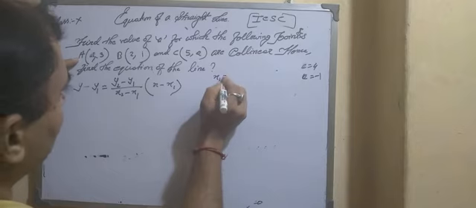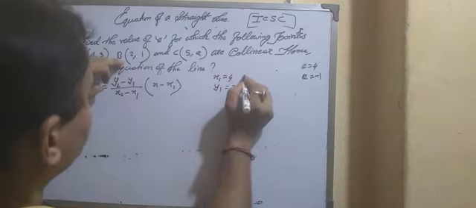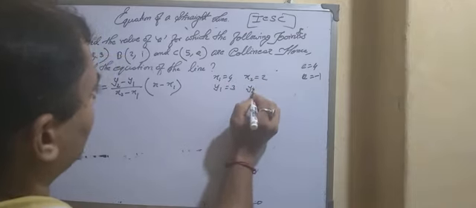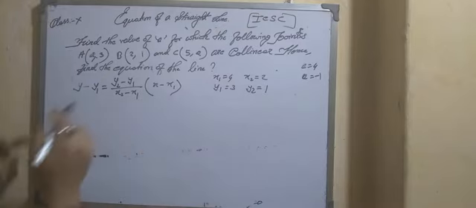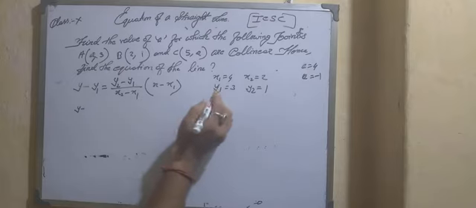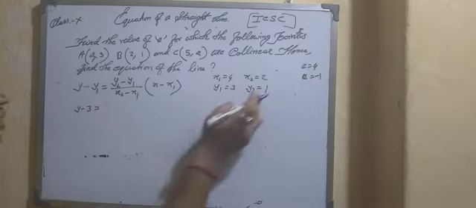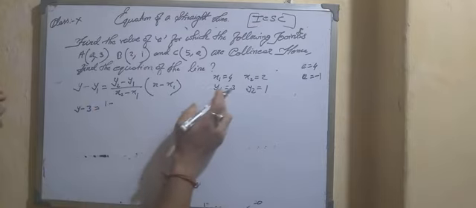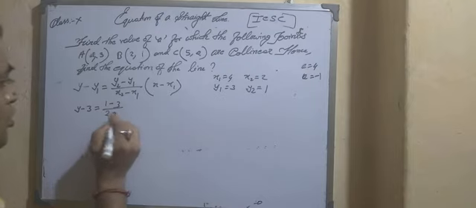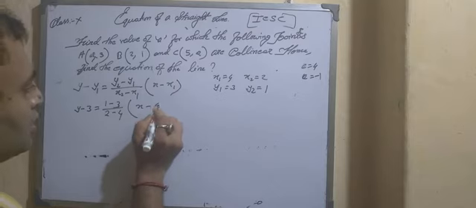That means x1 is equal to 4, y1 is equal to 3, x2 is equal to 2, and y2 is equal to 1. Just put in the values: y minus 3 equal to (1 minus 3) over (2 minus 4) into (x minus 4).